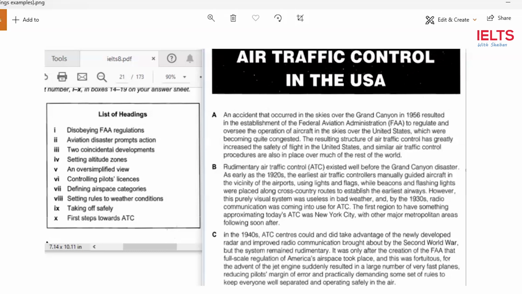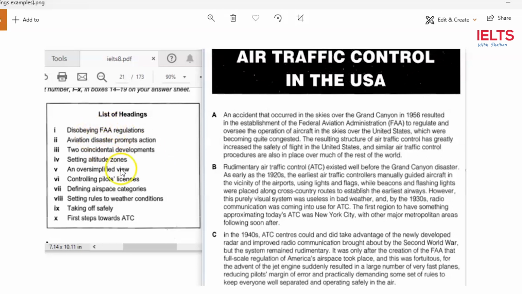So if I want, that's the main idea here, it's about the air traffic control, ATC, existed before the Grand Canyon. Then I go to the list of headings again, and I start again excluding, deleting the wrong answers.